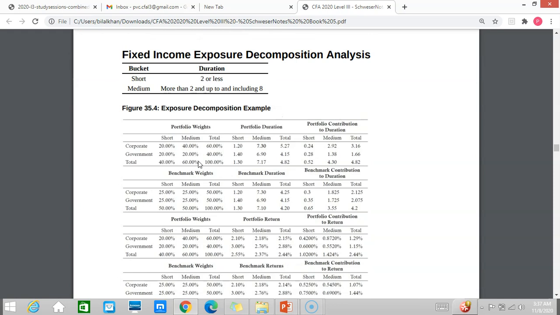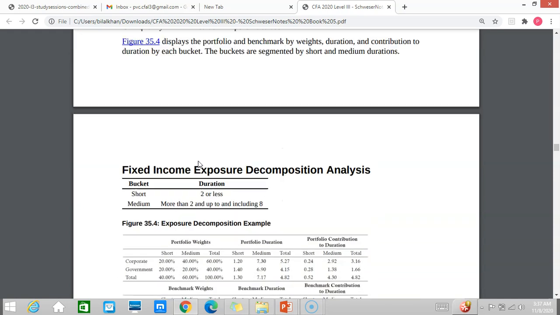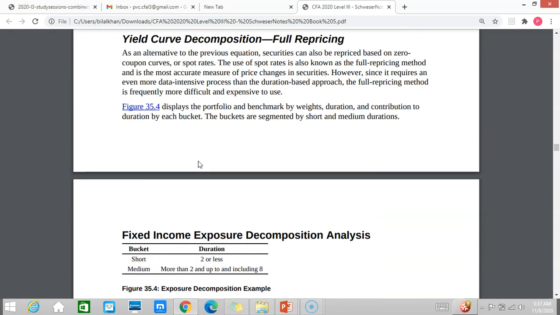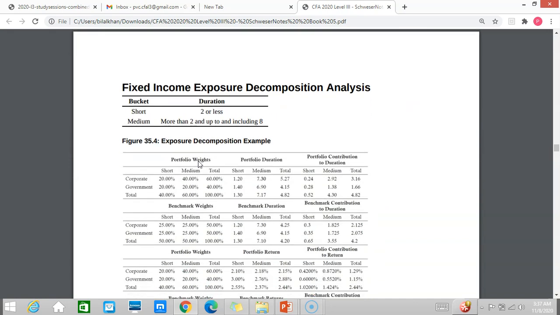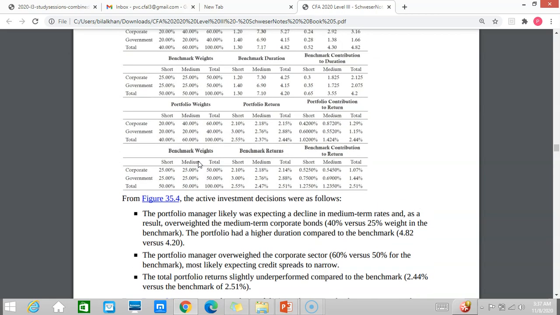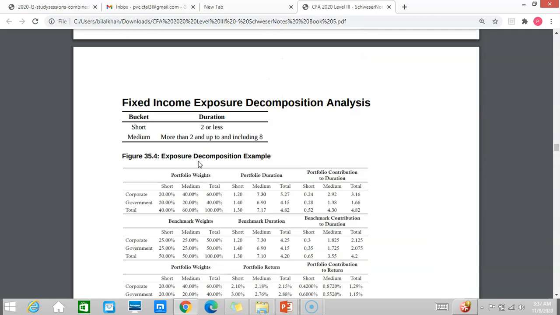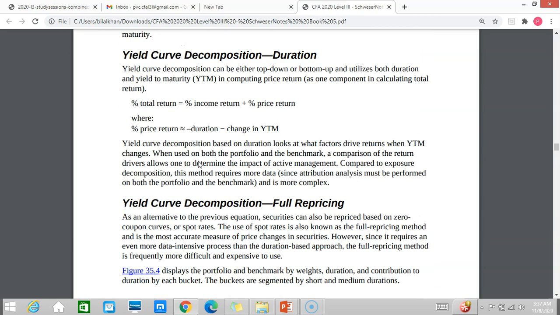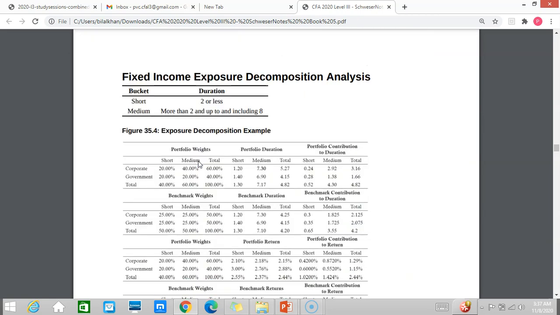So there is an example on full repricing decomposition. You can just go through it. I don't think that you need to get into all these calculations, as long as you know the basic formulas, that total return is income return plus price return, and price return is approximately minus duration times change in YTM. That should be good to go.